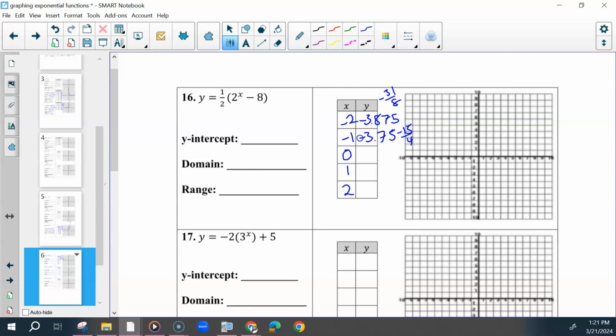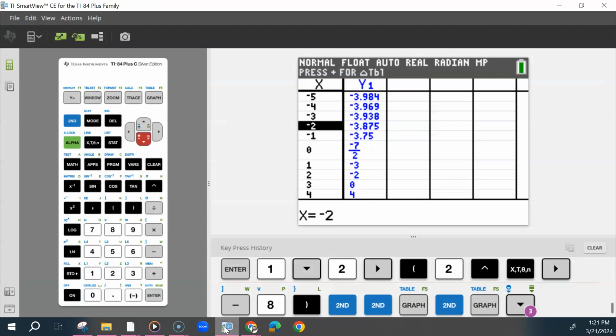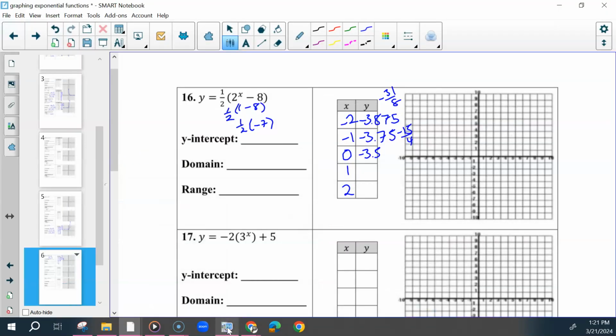If I put 0 in there, I'm going to see if we can do it without the calculator first. So 2 to the 0 is 1. 1 minus 8 is -7. And 1/2 times -7 is -3.5. Or -7/2. And then if I put 1 in there, 2 to the first is 2. 2 minus 8 is -6.